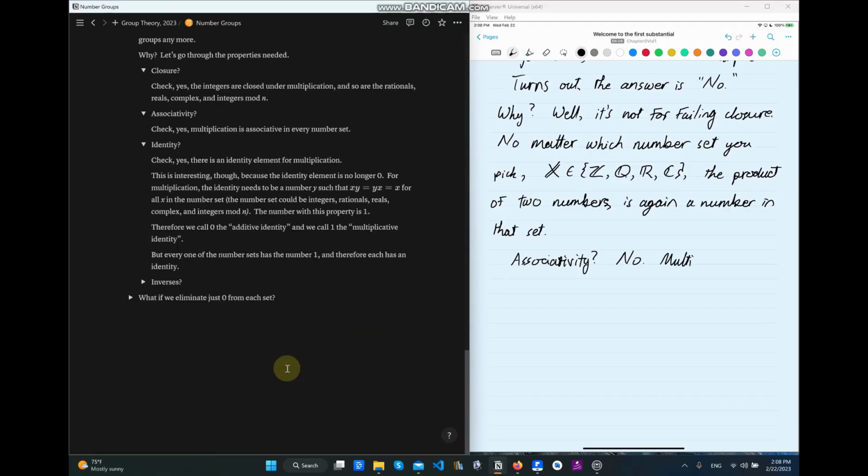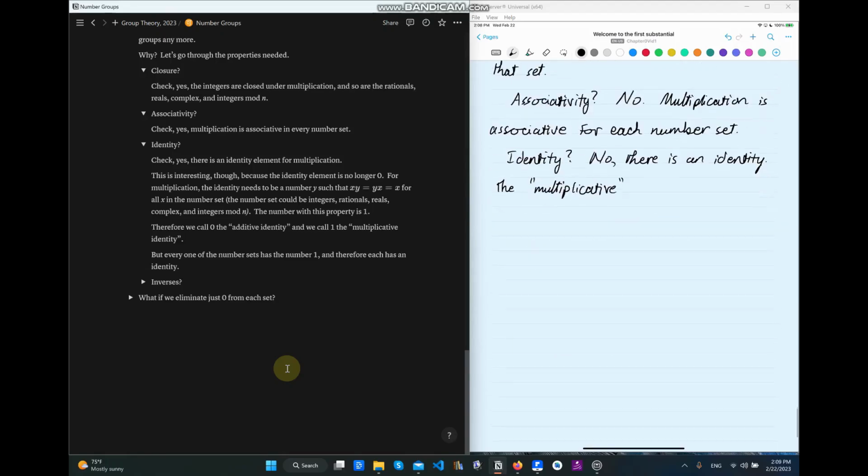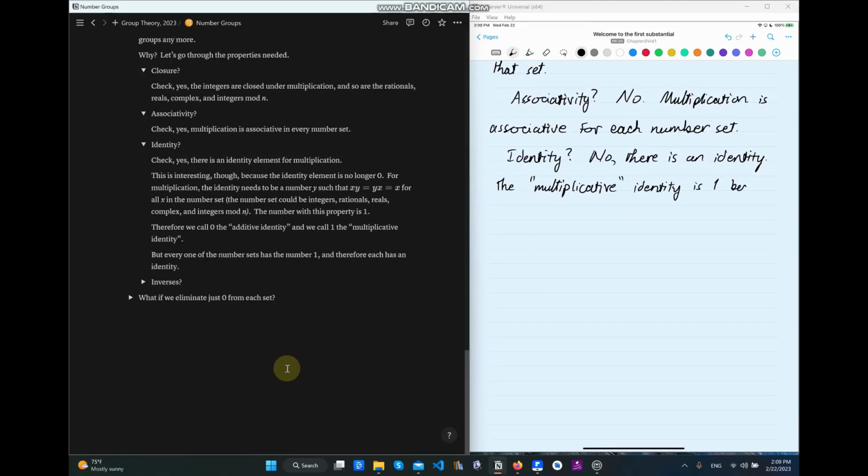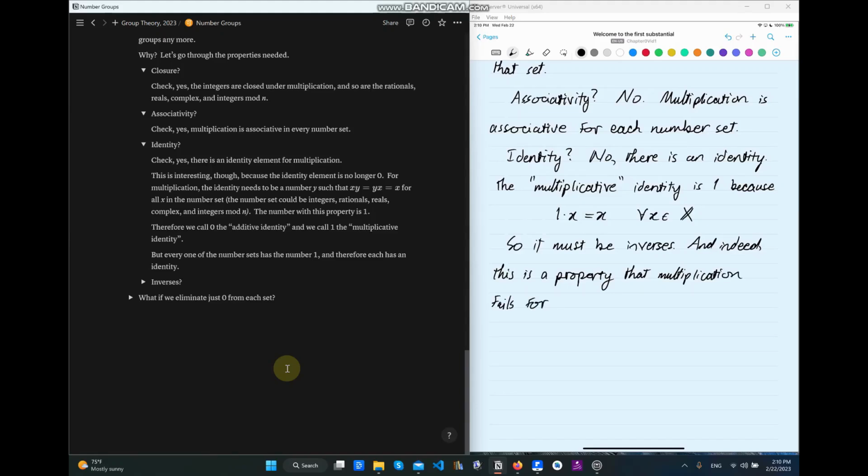Is it because multiplication fails associativity? No. Multiplication is associative for each number set. Identity? No, there is an identity. The multiplicative identity is 1, because 1 times x is equal to x for every x in the set, no matter which number set you pick. So it must be inverses. And indeed, this is the property that multiplication fails for every number set because every number set has 0.